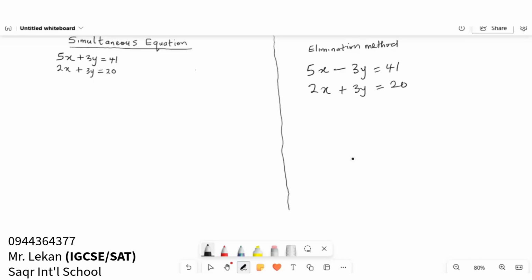Now, right here, just check one by one again. I have 5 here, I have 2 here. They are not the same. Go to the next one. I have negative 3 here because this negative is for this 3. This is negative 3. And down here, I have positive 3.